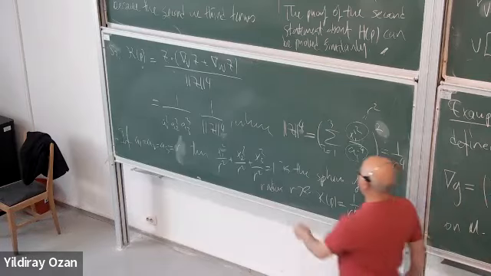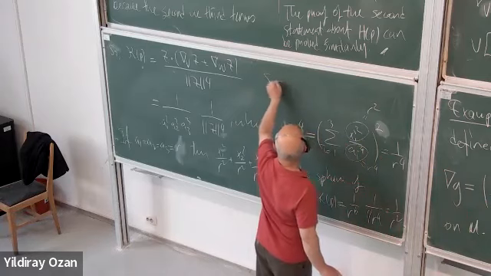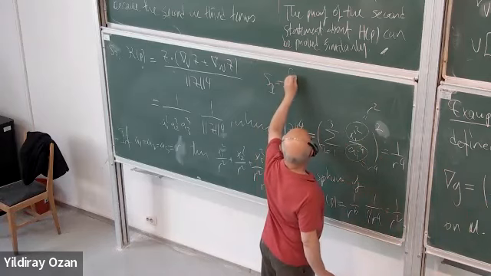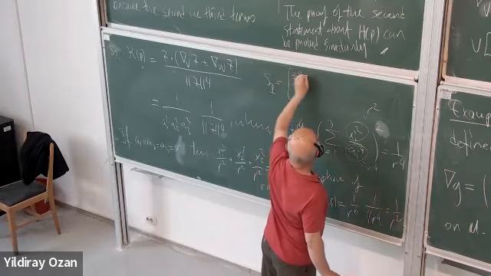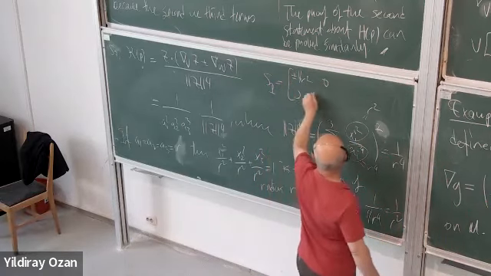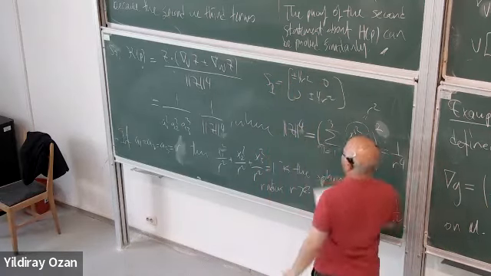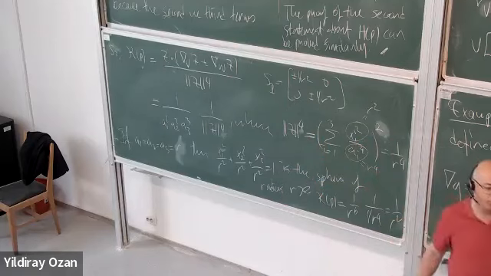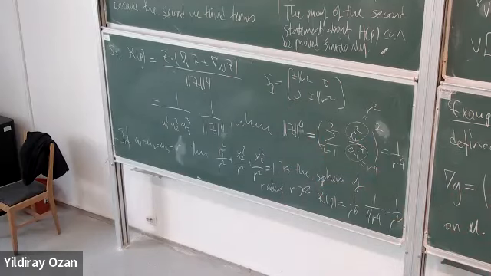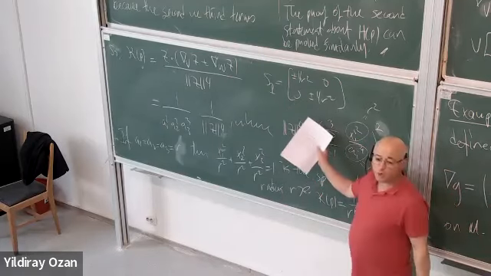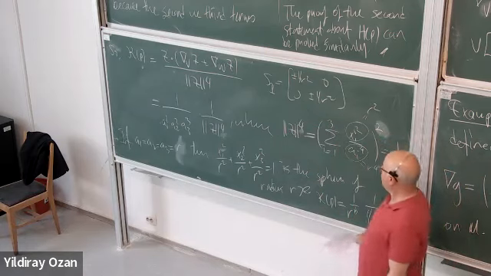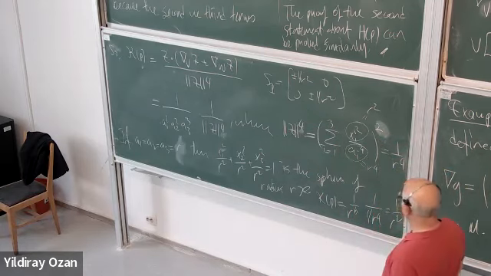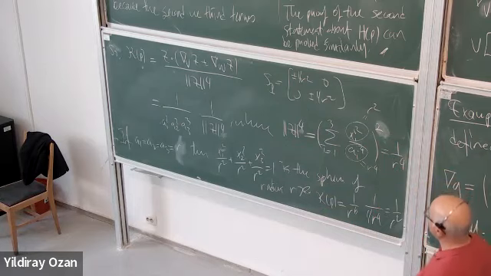So the shape operator for the sphere is this: plus or minus 1 over r squared, 0, 0, plus or minus 1 over r squared. Identity operator times 1 over r squared or minus 1 over r squared. So what is the determinant of this? 1 over r to the power 4.